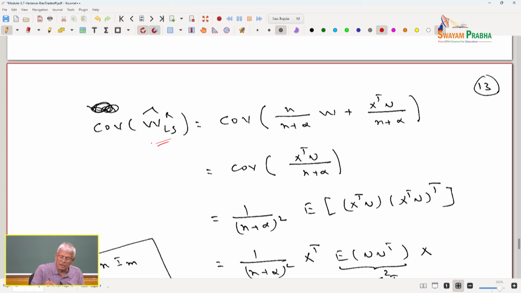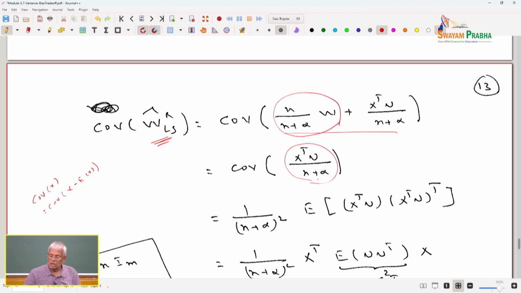Now I am going to compute the covariance matrix of the estimate, for the special case when x transpose x is equal to nI. The estimate takes this expression. Covariance of x is the same as covariance of x minus E of x, so if I subtract the mean, the covariance of this is equal to the covariance of x transpose v divided by n plus alpha.